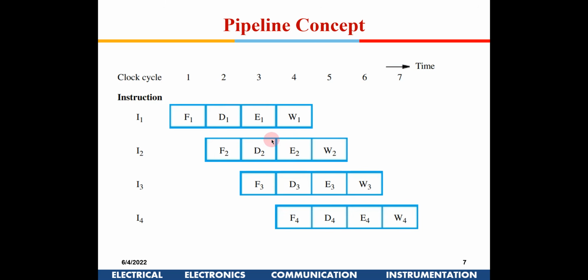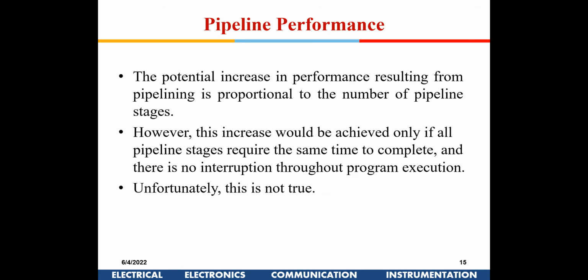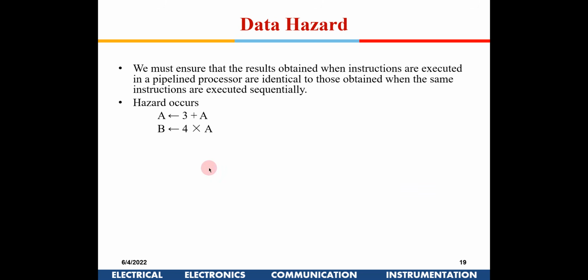So in the execution unit, if I read here, it will take the previous value of A, not A plus 3, because the write will happen only at the end of this cycle. So this is again a data error which can happen. If I go back here, these kinds of instructions can cause a data hazard.